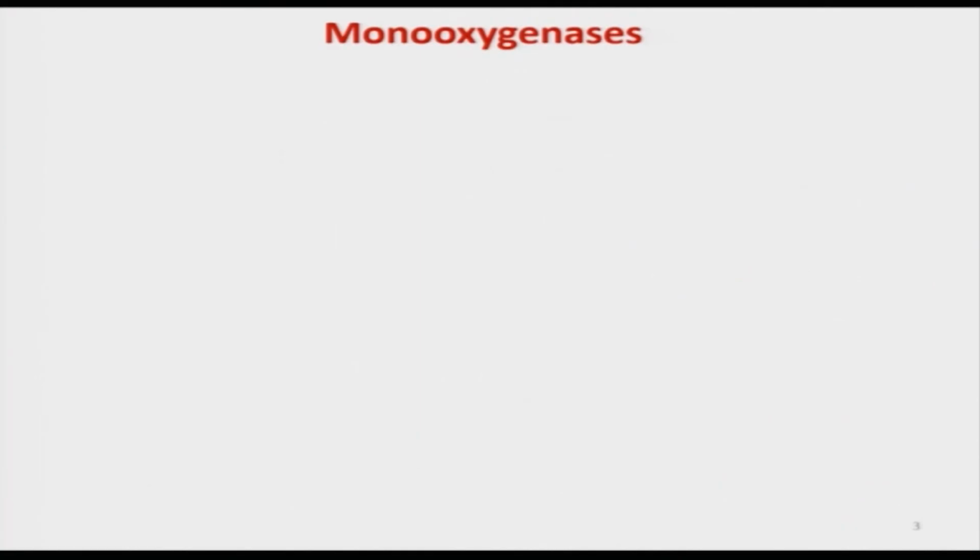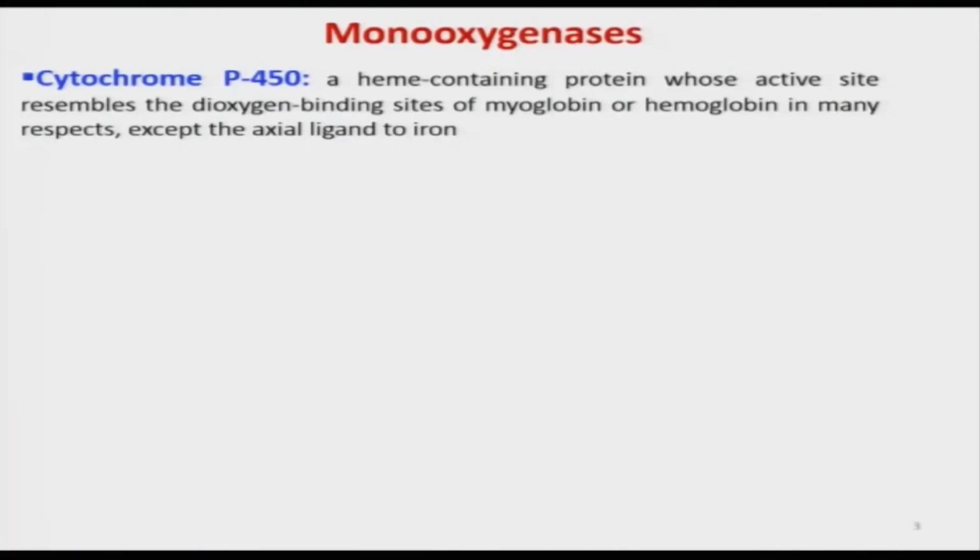Now, I will talk about the monooxygenase enzymatic system. For example, cytochrome P450, a typical example of a monooxygenase. It is a heme containing enzyme whose active site resembles the dioxygen binding sites of myoglobin or hemoglobin in many aspects, except the axial ligand to iron.